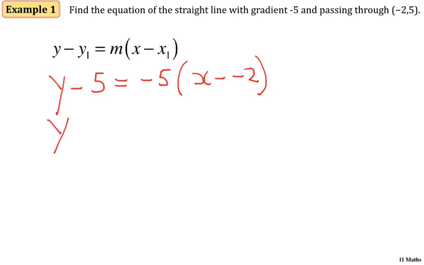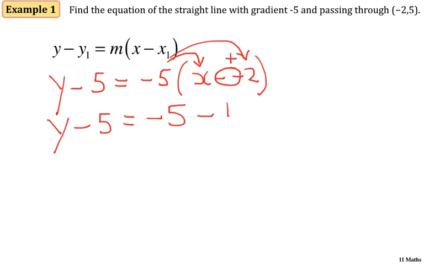So you get y take 5 equals, let's expand this out, that will give me minus 5x. Minus 5 times a positive 2 will give me a negative 10, and I missed the x there.